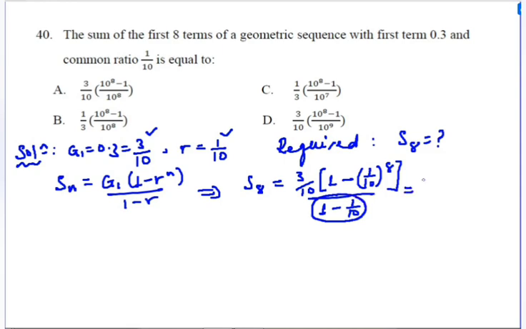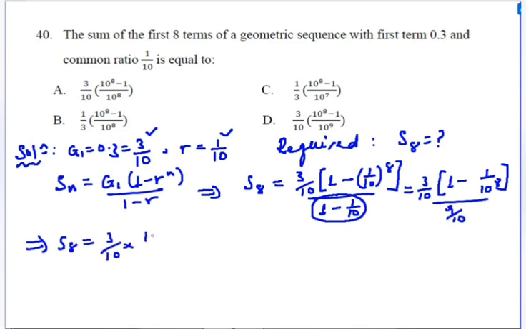So the result is 3/10 into 1 minus 1/10 to the power of 8 over 9/10. So let us rewrite this one. This implies S8 is 3/10 times 10/9 times 1 minus 1/10 to the power of 8.